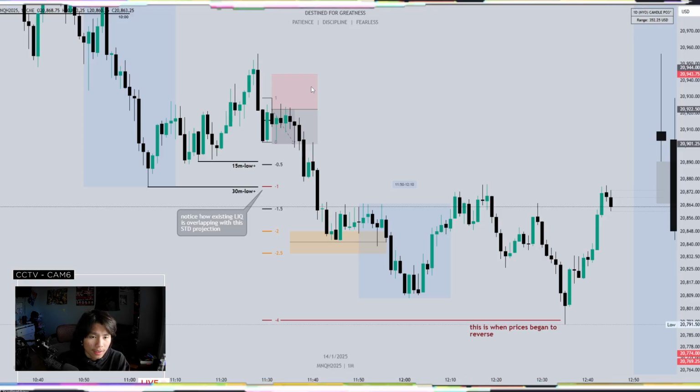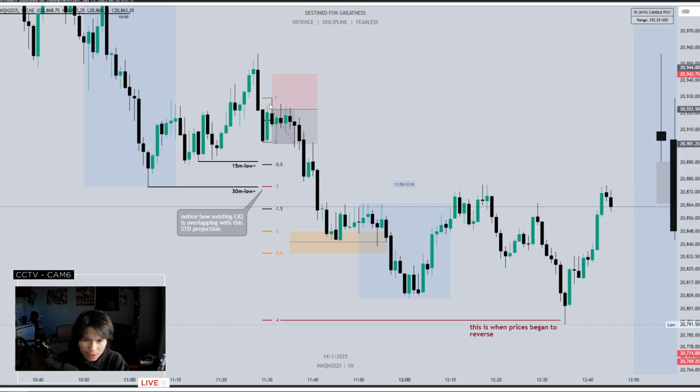And this slide here is just to show you guys that there's another technique for seeing targets. It's called standard deviation. I haven't really gone over it with the live stream too much.